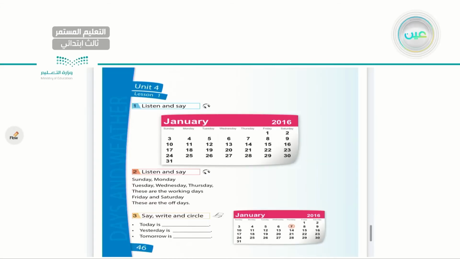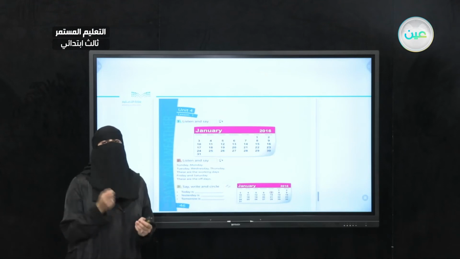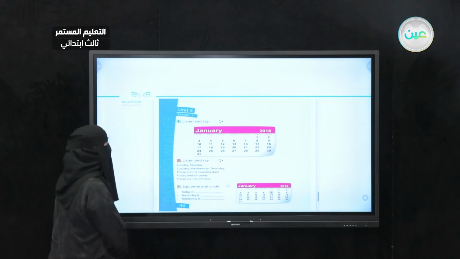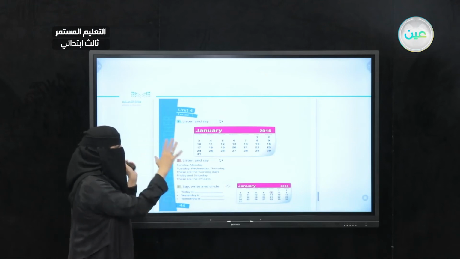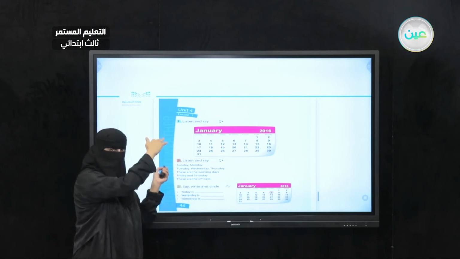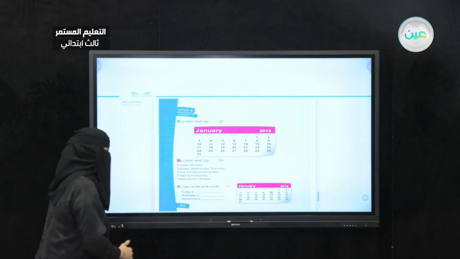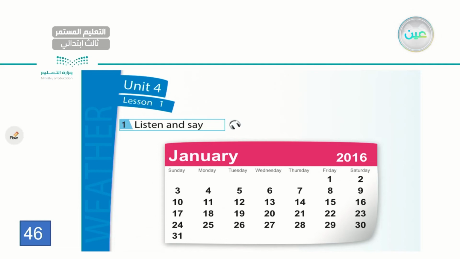Excellent. Now, you have this in your books at page 46. Go ahead and open your books and have your pencils by your side in case you want to take any notes. I will zoom in for the first part, and then I will go to the lower part. As you can see, this is page 46. Which month do we have here, my dear student? I have January, right?